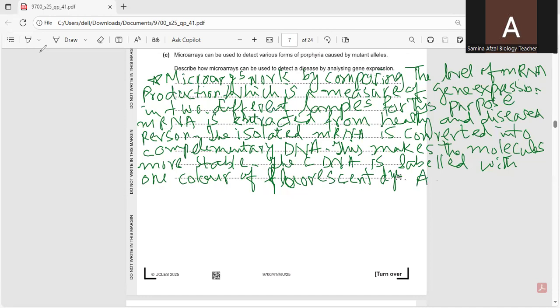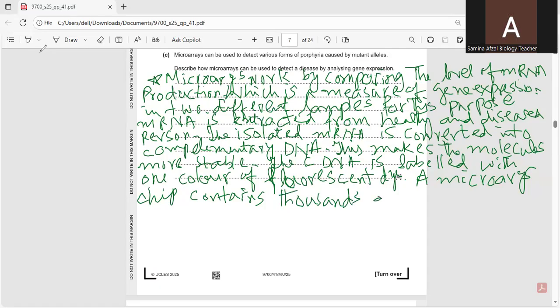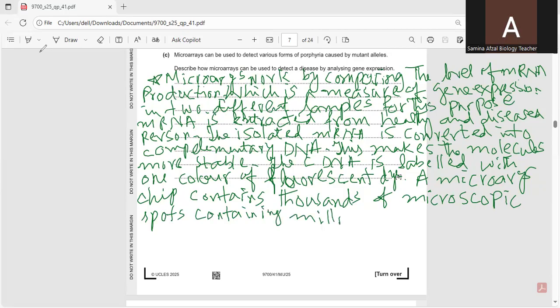A microarray chip contains thousands of microscopic spots, containing millions of copies of a specific DNA probe.